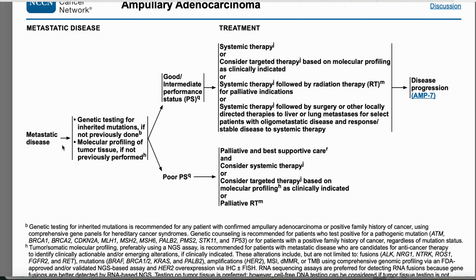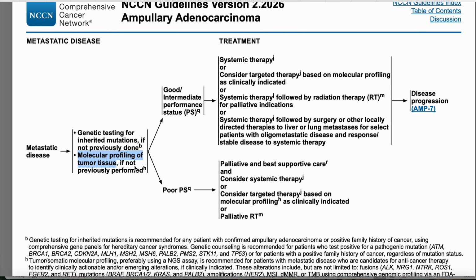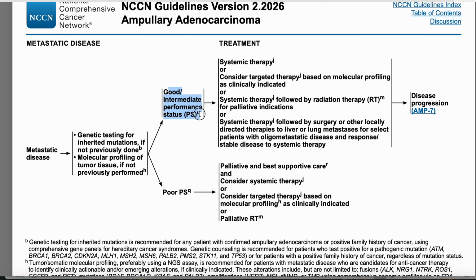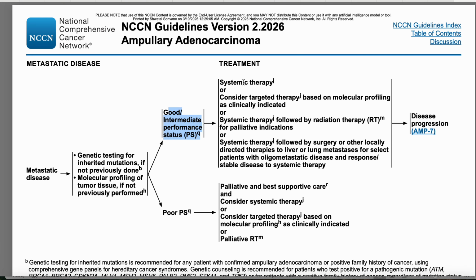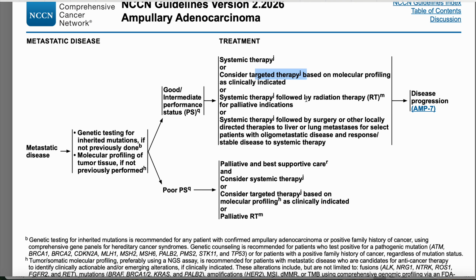So in case of metastatic disease or locally advanced unresectable disease, do genetic testing for inherited mutation if not previously done, and molecular profiling of the tumor tissue if not previously done. If the patient has good or intermediate performance status, then we can give systemic therapy or targeted therapy based on molecular profiling as clinically indicated.